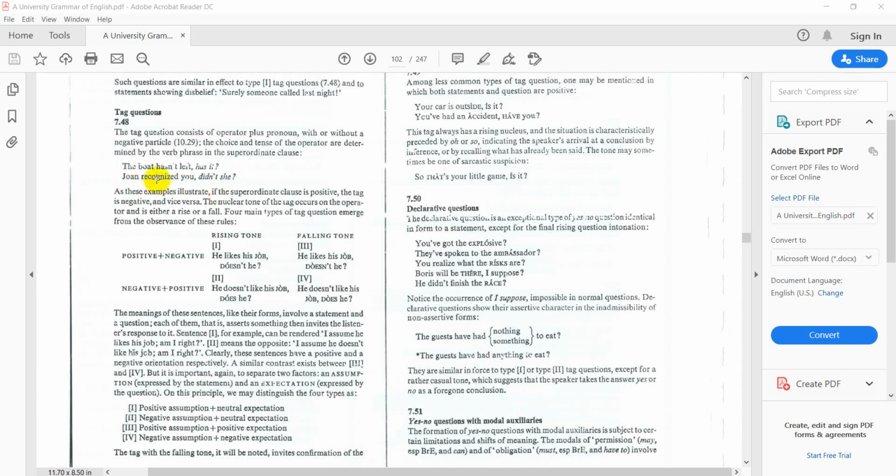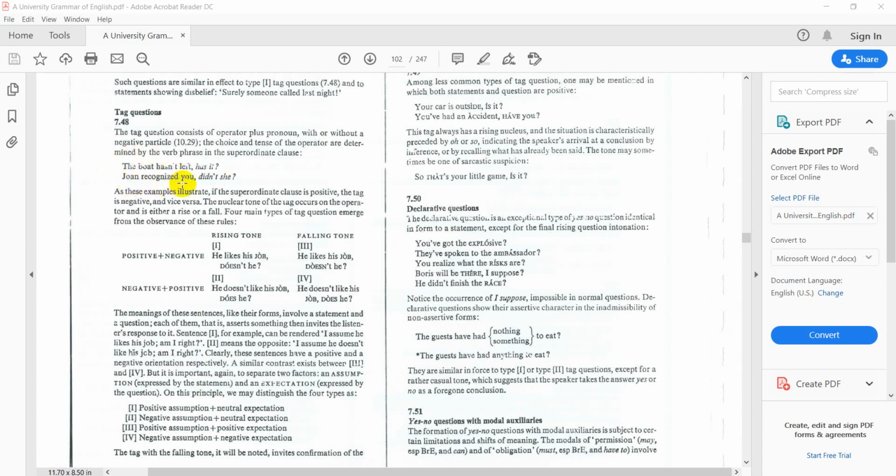The boat hasn't left. The tag will be positive since the operator is negative. It will be has it. Of course, it refers back to the boat.